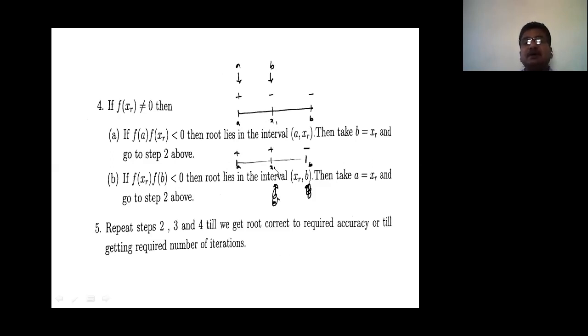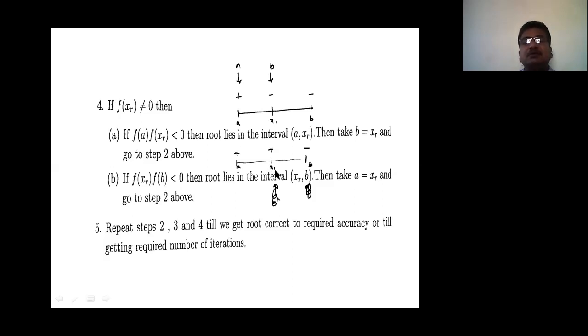And if f(x1) is positive, then the root lies between x1 and b. Call this x1 as a, and again perform the second iteration, find x2 by using the formula (a + b)/2, where a is x1.